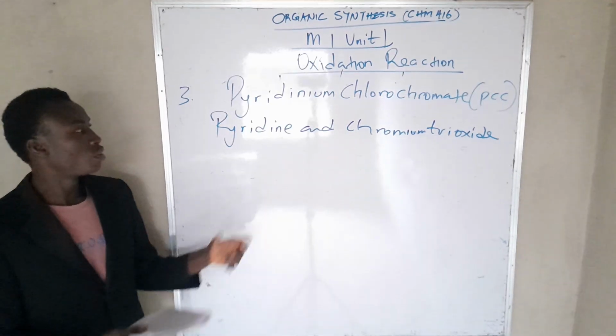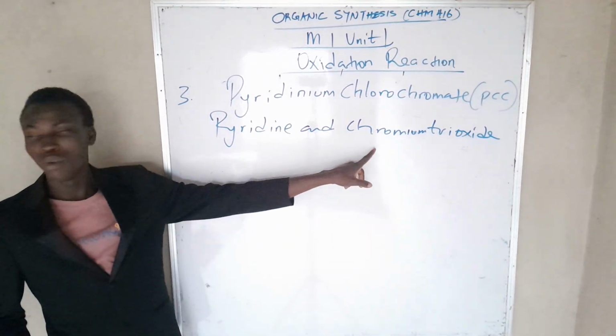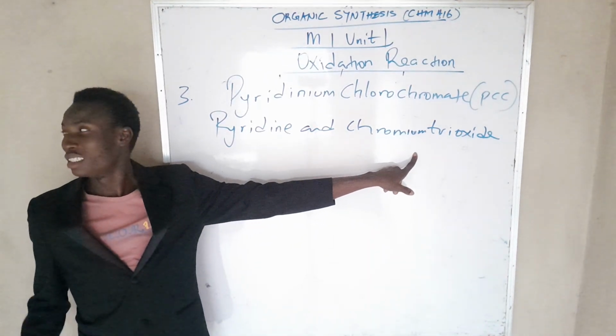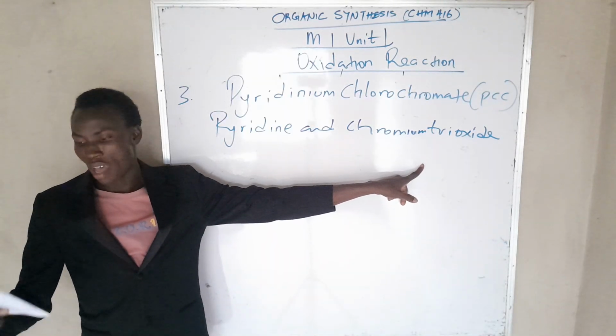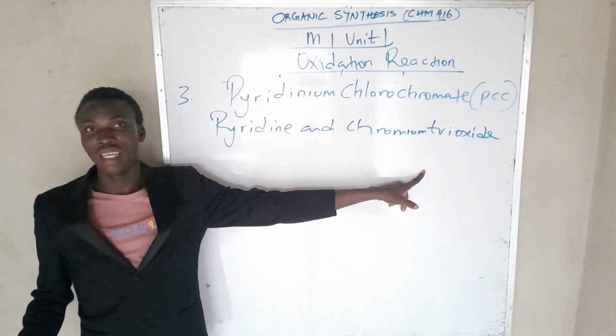So when we mix pyridine and chromium trioxide, we are going to have chromium reacting together with it.